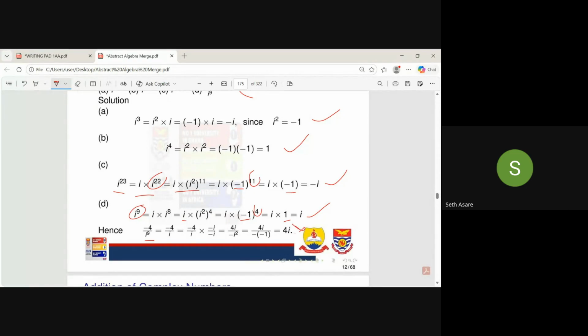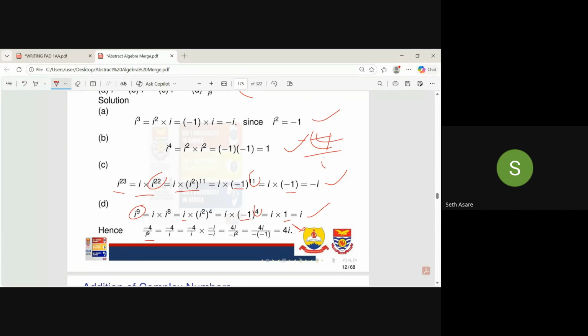There's a problem somewhere. Where is it? You should have negative 4 over i. Negative 4 over i. All right, that's what my brother is saying. So it's supposed to be negative 4 over i.